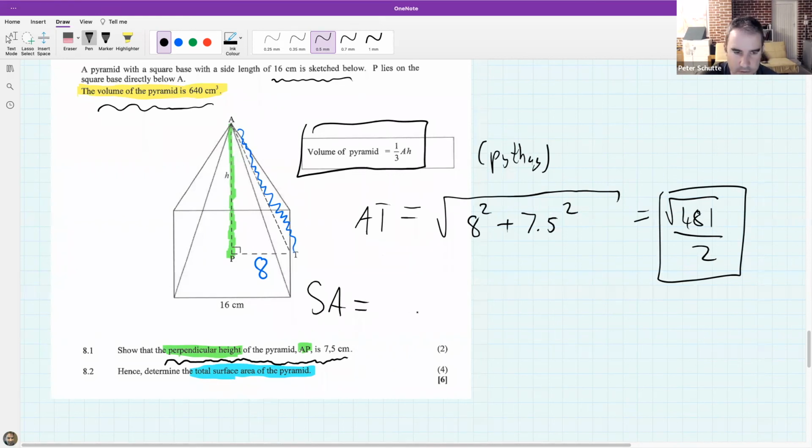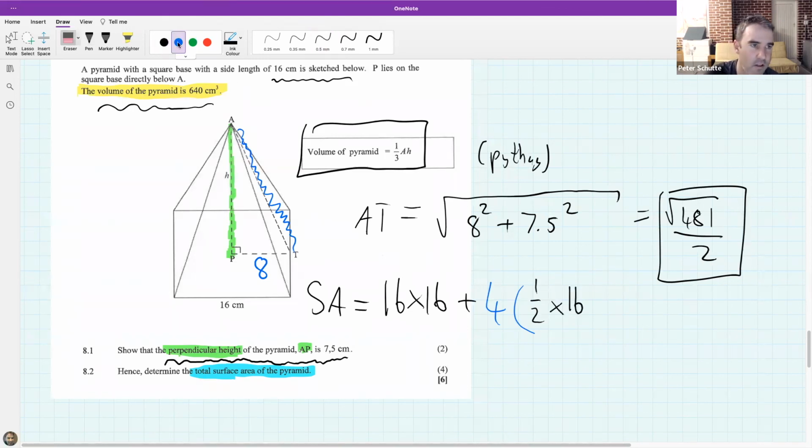Now, what is my surface area going to be? I know that I have a square at the bottom, and the area of a square is 16 times 16. I know that I have 4 triangles, and each of those triangles is going to be a half times 16 times this thing, which I know looks a bit weird.